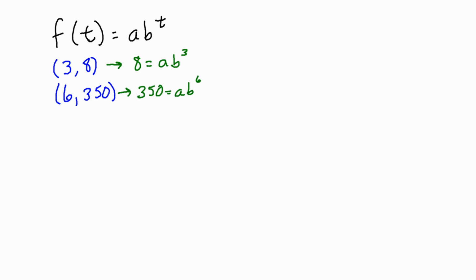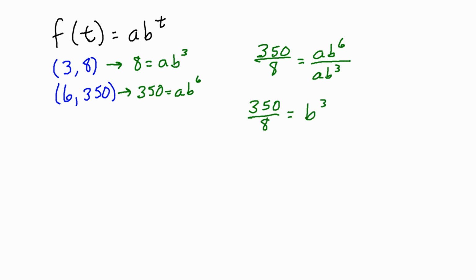When we set up our proportion, we want our larger exponent in the numerator to make it easier to solve. I have 350 divided by 8 equals a b to the 6th divided by a b to the 3rd. This reduces to 350 divided by 8 equals b to the 3rd. To get rid of my exponent, I need to take both sides to the 1/3 power, always the reciprocal of your exponent.